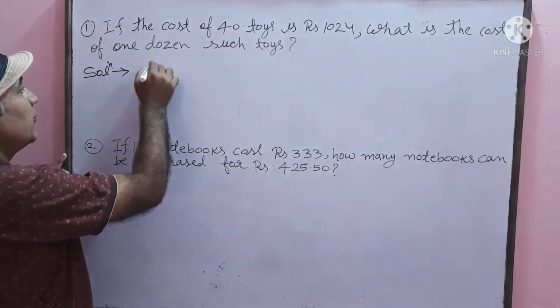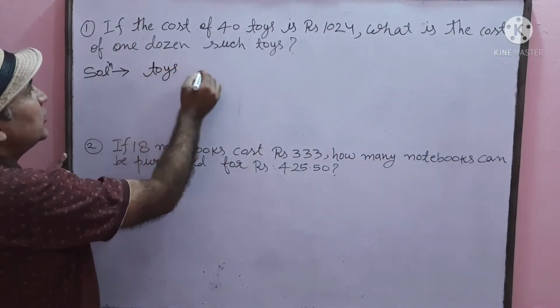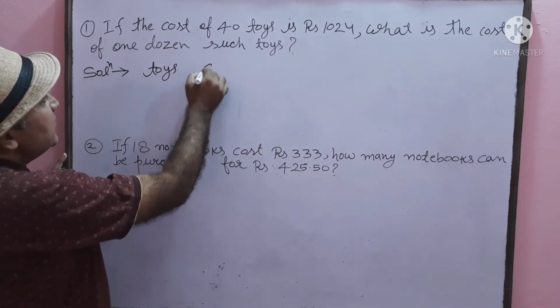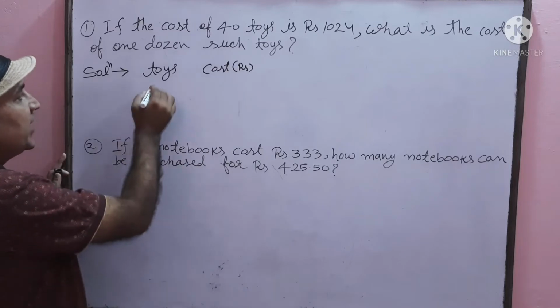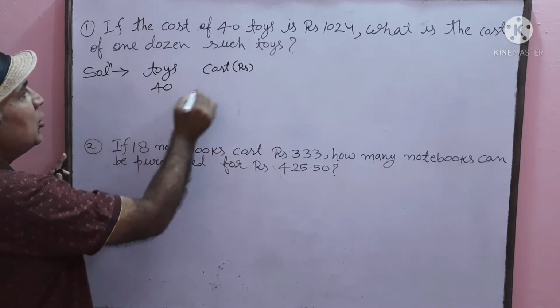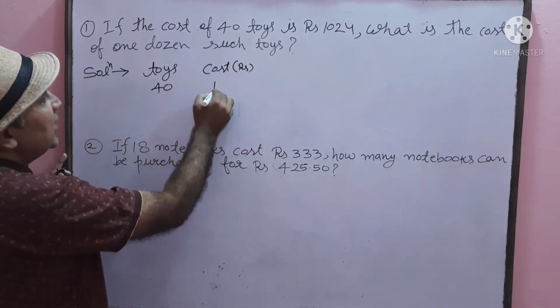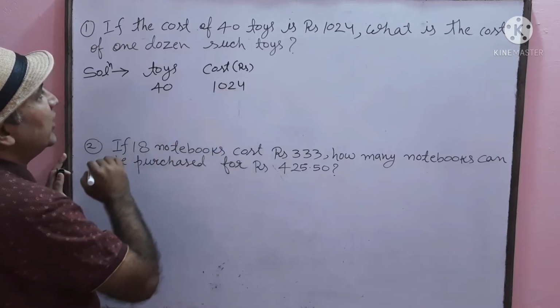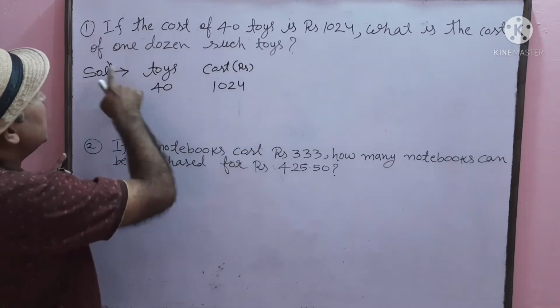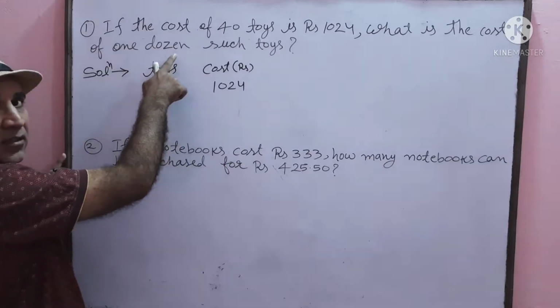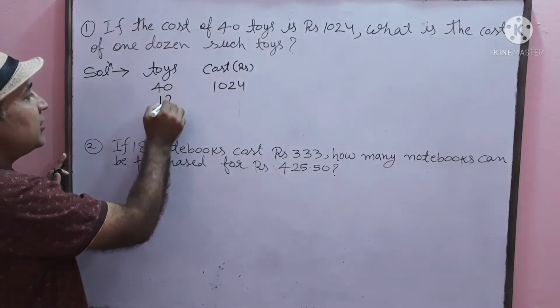So do one thing. Write down these two terms, toys and cost in rupees. In the question it is given that 40 toys cost rupees 1024. Then the question is asking, what is the cost of 1 dozen? 1 dozen means 12.